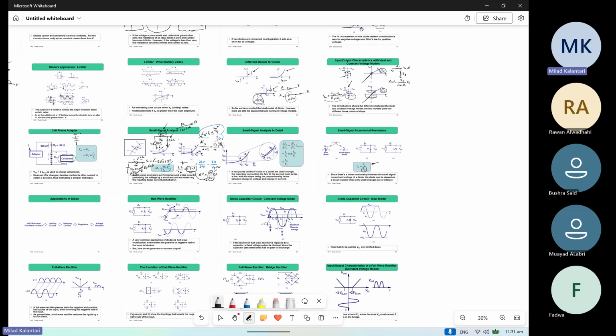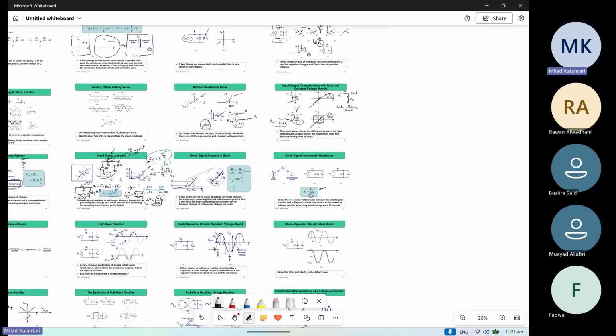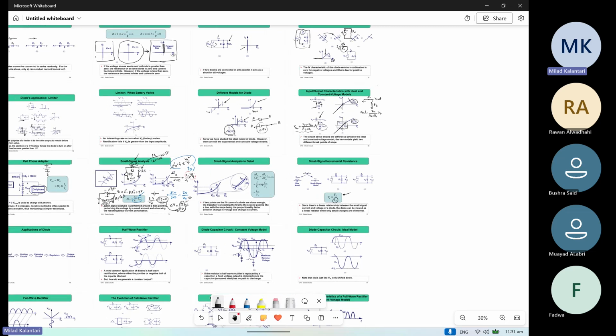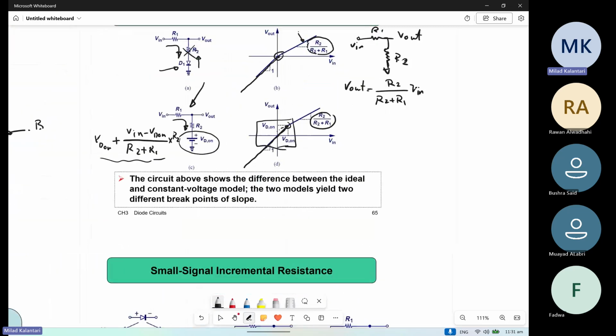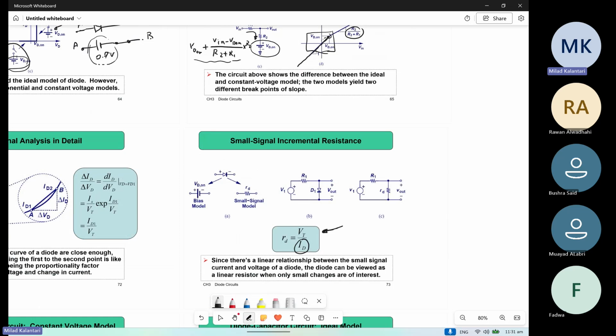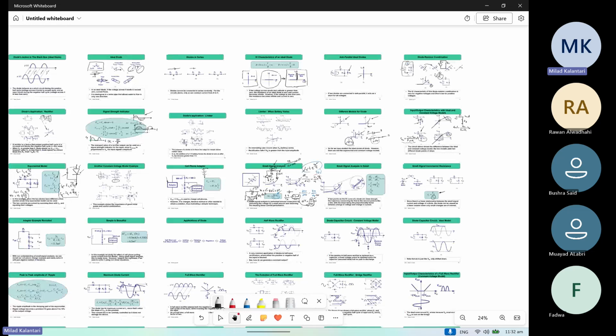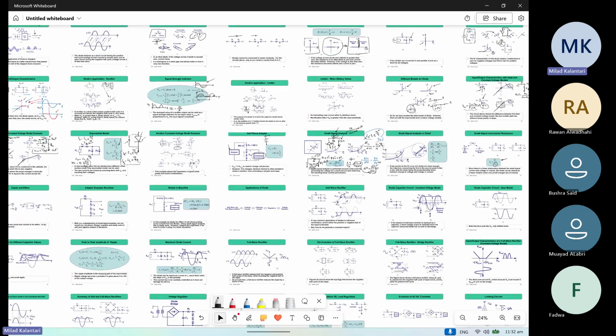Depending on the situation, you should be able to figure out how much accuracy you need. Sometimes you need to focus on the small resistance of the diode. Sometimes it's even okay to just assume that it's really turned on or turned off, right? It depends on the circuit, depends on the situation.